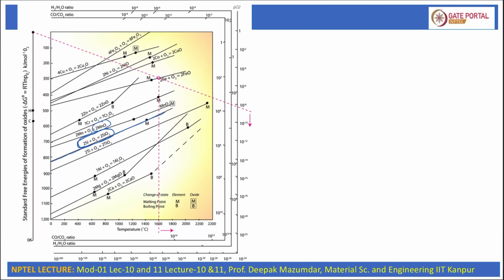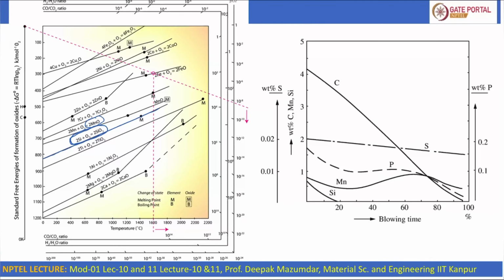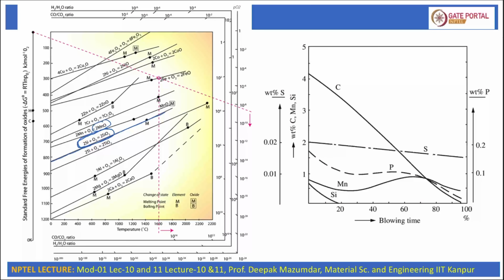So silicon, that's why during LD steel making, silicon will get removed first. If you also see the weight percent of the impurities present versus blowing time in LD steel making, you can see that most of the silicon gets removed within the first 20% of the total blowing time.